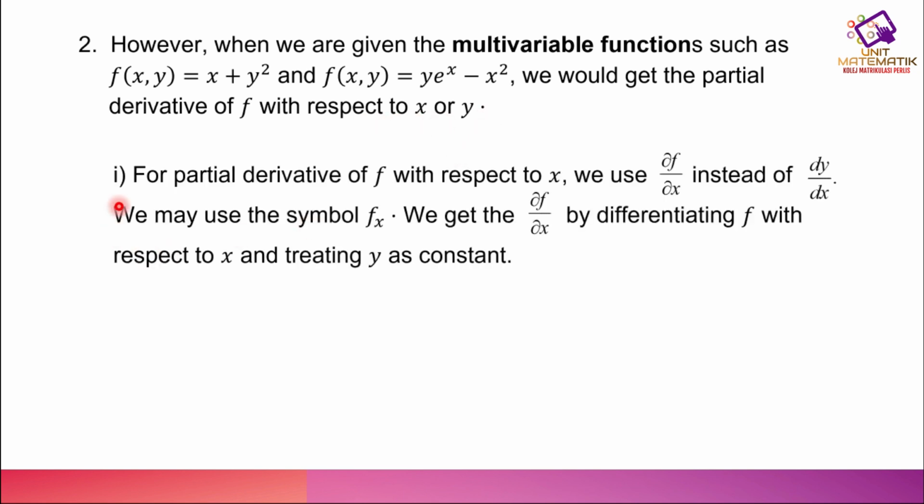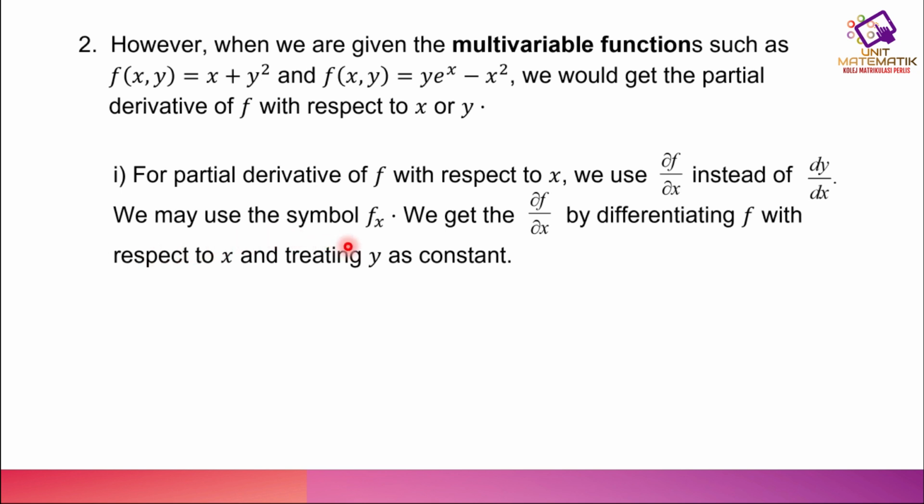For the partial derivative of f with respect to x, we use the curly d, or delta f over delta x, instead of dy/dx. dy/dx is only for one-variable functions.